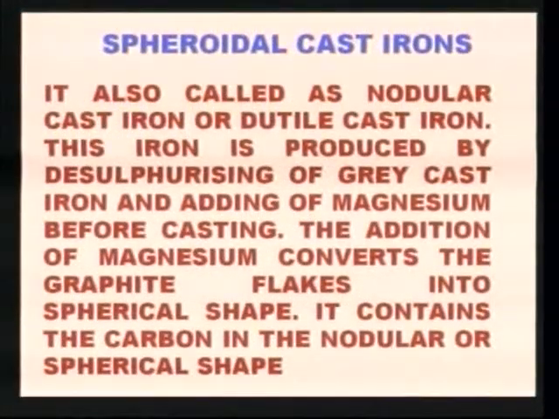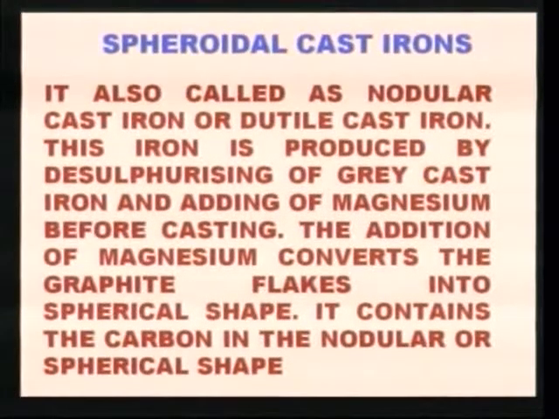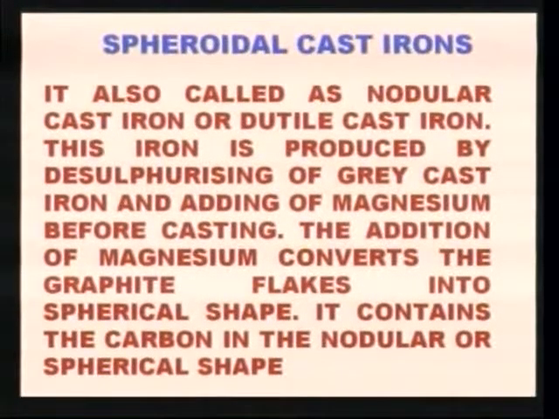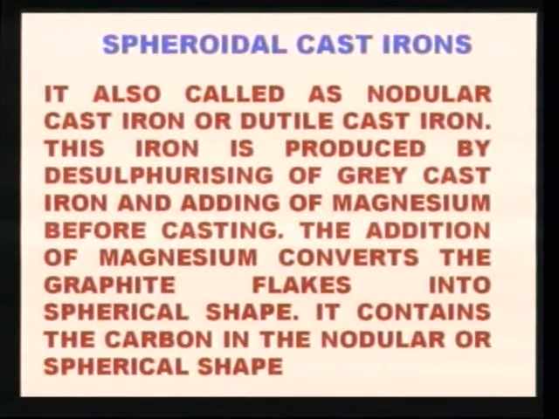The last type of cast iron is spheroidal cast iron. It is also called nodular cast iron or ductile cast iron. This iron is produced by desulfurizing grey cast iron and adding magnesium before casting.